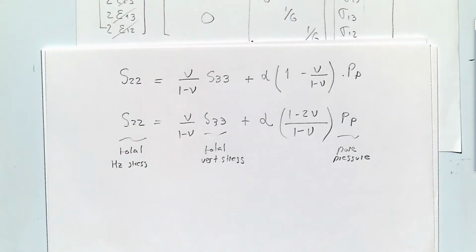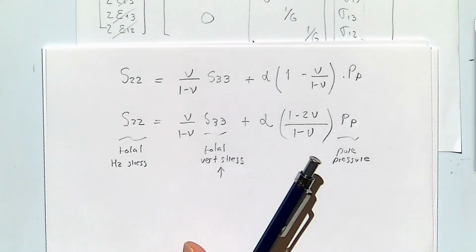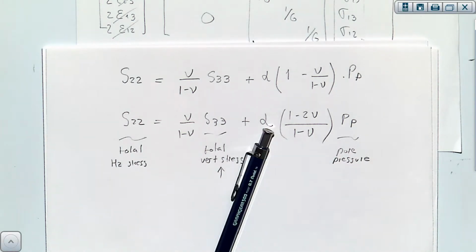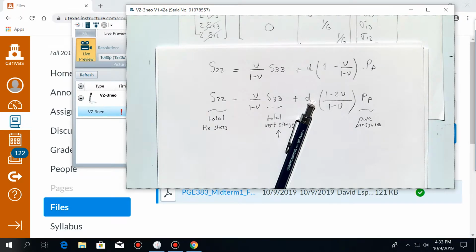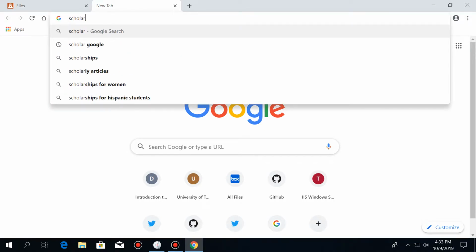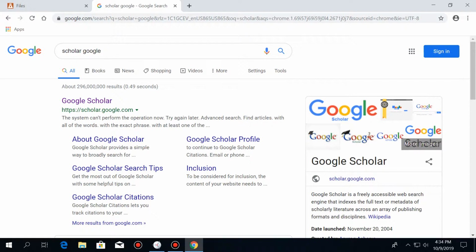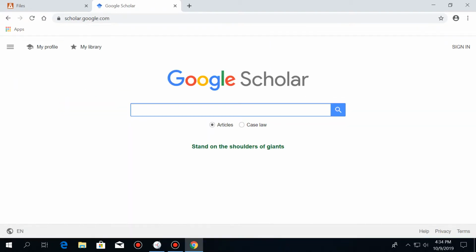For example, total vertical stress, you already know how to measure it, right? How do you measure it? Well, in general, the integral of rho g dz, where you get rho from the well logs, the total mass density.